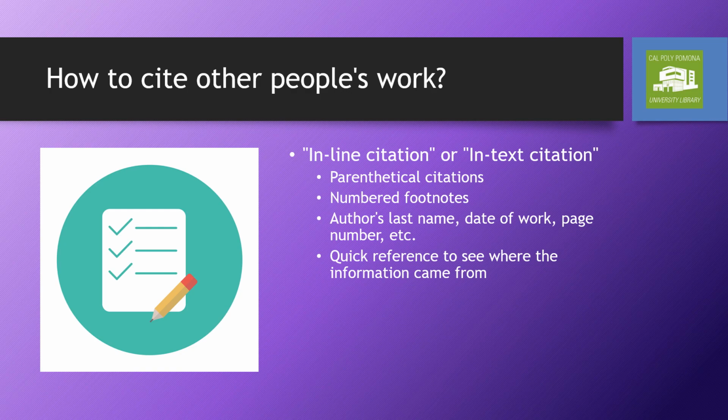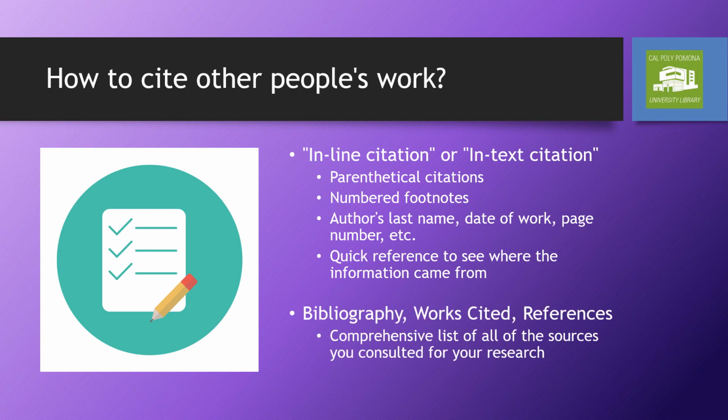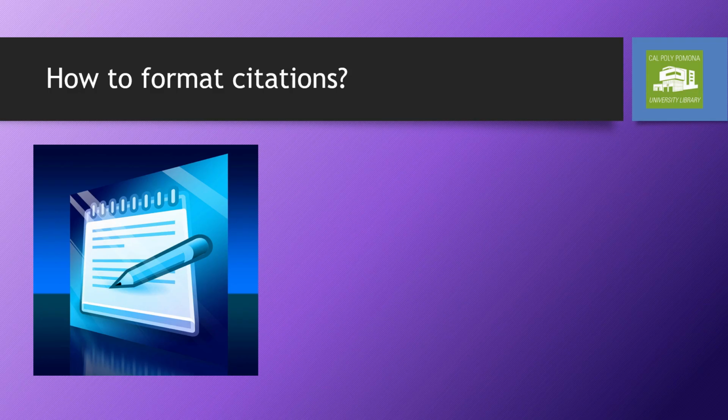This type of citation gives the reader a quick reference to easily see where you obtained your information. Another method to attribute someone else's work is through a bibliography, works cited, or references list at the end of your paper. This document is a comprehensive list of all of the sources you consulted to formulate your ideas and your research.